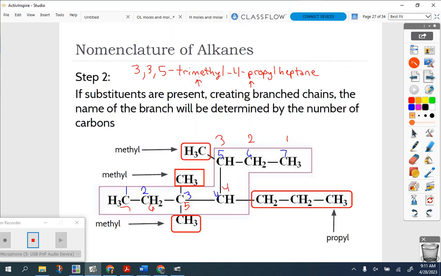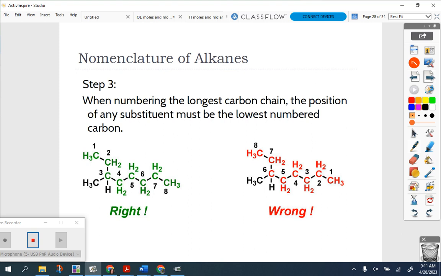All right. So again, the position of any branch or functional group should be on the lowest number carbon. So this is a situation where we've got 8 carbons and one of them has a methyl group. We're going to number it so that that methyl group is on the lowest numbered carbon as opposed to the highest numbered carbon.